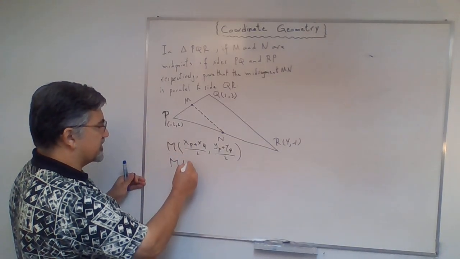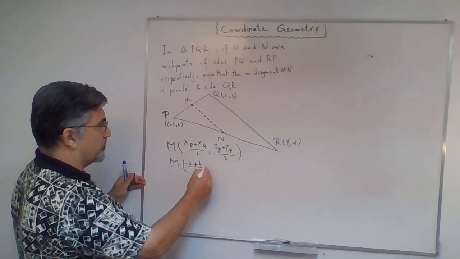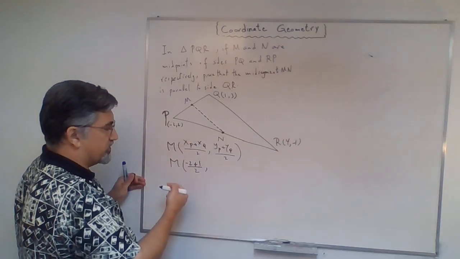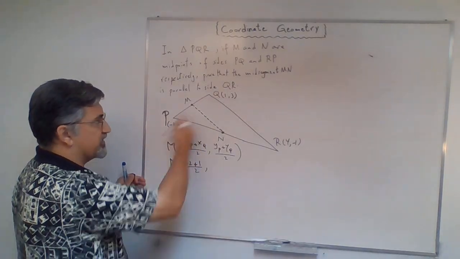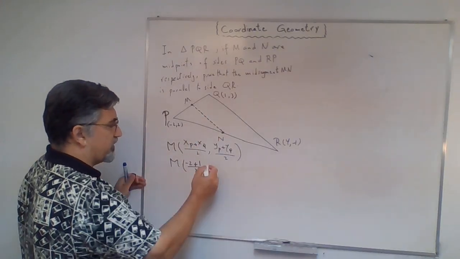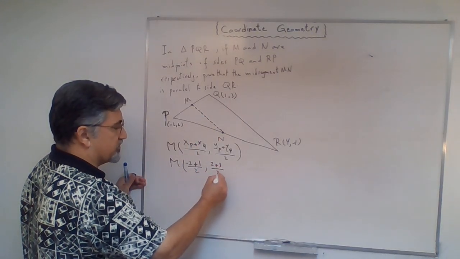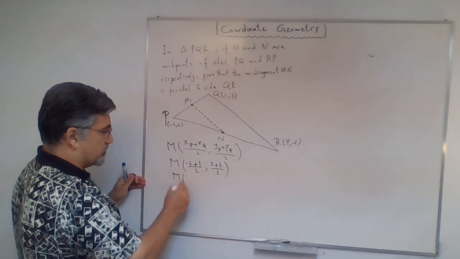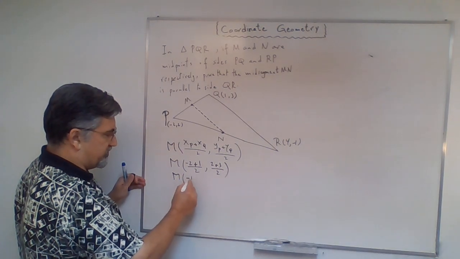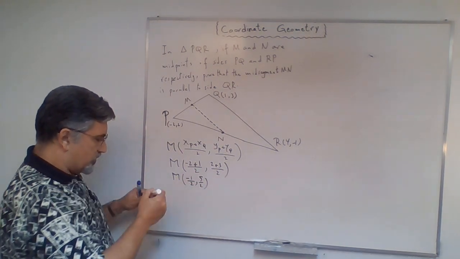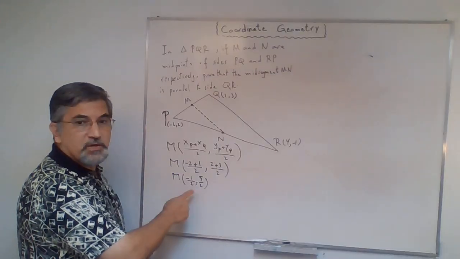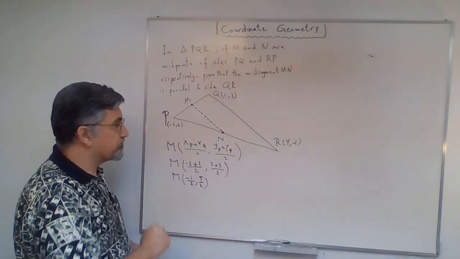So it's going to be negative 2 plus 1 over 2. These are the x coordinates of points P and Q. We find the average of them. And the average of the y coordinates would be 2 plus 3 divided by 2. So to simplify, we get negative 1/2 and then 5 over 2. So this is the coordinates of point M.